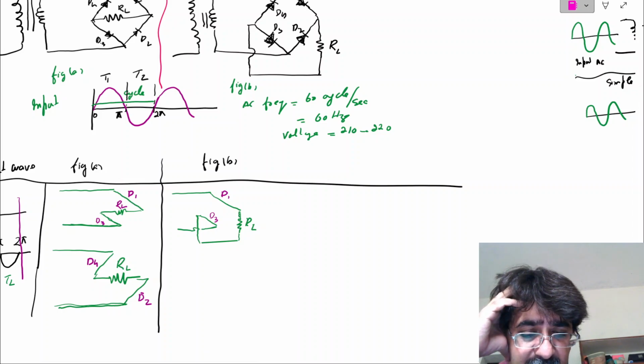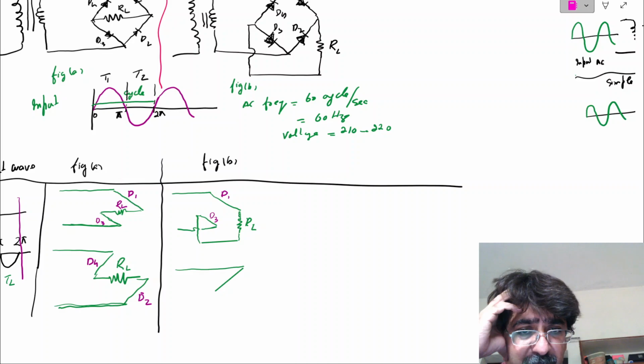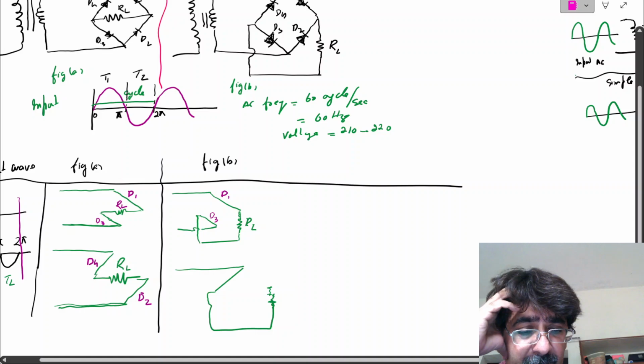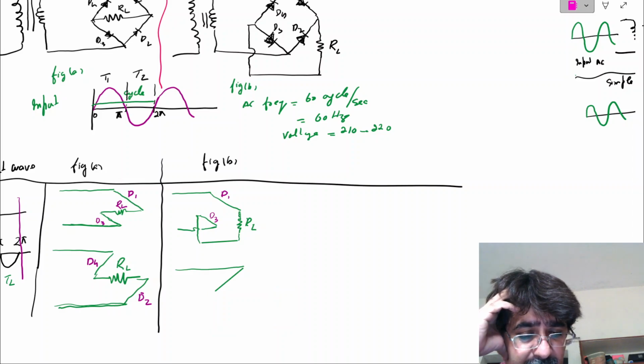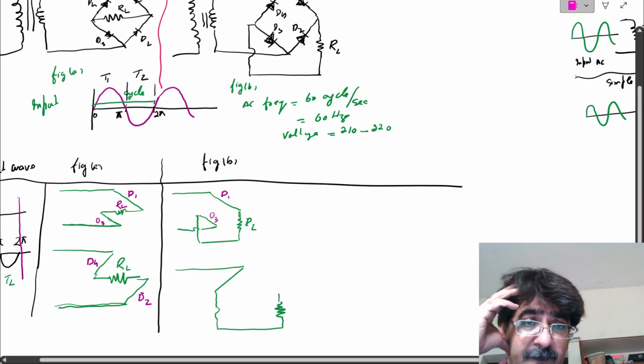Then D3 behaves like a reverse biased open circuit, because the P part of D3 is facing the negative part and will be more negative, so it is open. So current passes through the load resistance. Then it will face D2 and D1, but it passes through D2 because D2 behaves like a short circuit, since the voltage is dropped after passing through the load resistance R.